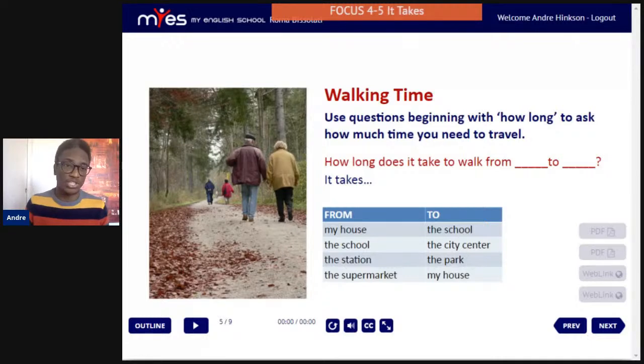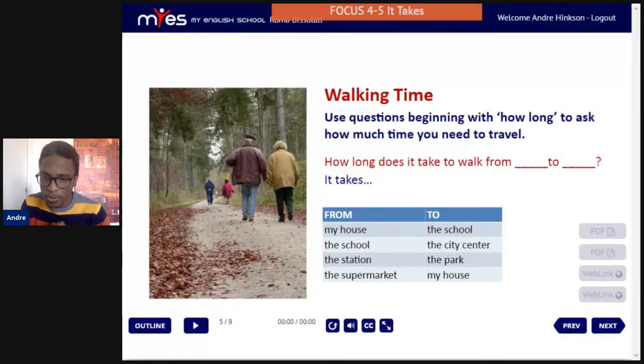We use the preposition on. So here, let's use the questions beginning again with how long to ask how much time you need to travel. So how long does it take to walk from one city or one location to another?